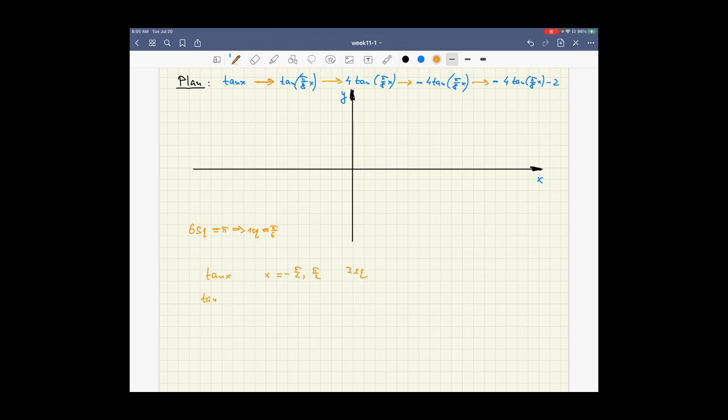What about tangent of pi over 8 x? Where will that have asymptotes? It will have an asymptote whenever the argument, say, is pi over 2, which happens, for instance, when x is 4 or negative 4.